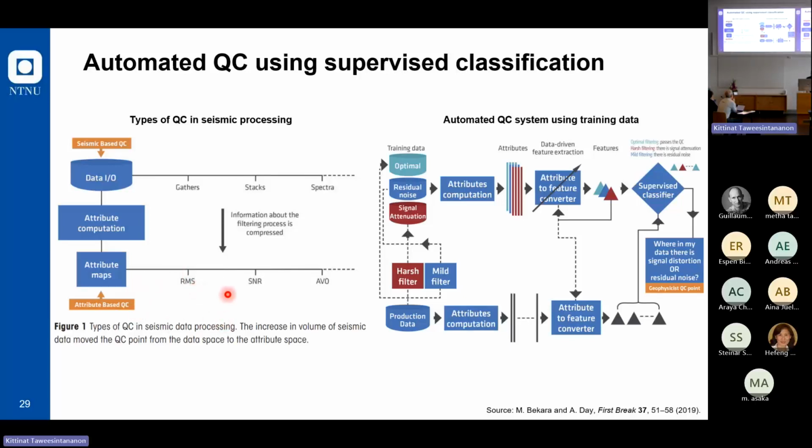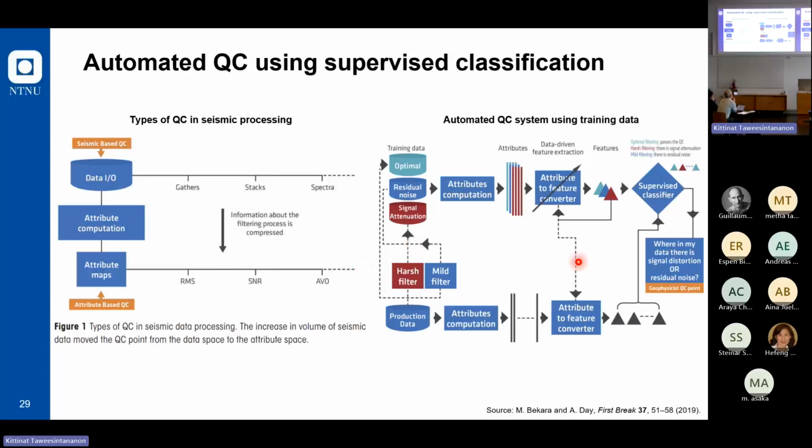We use that idea. The paper in 2019 used that idea, trying to generate an attribute and develop some machine learning system to detect and determine which parameter, for example, we should apply: a very harsh parameter for denoise, or a very mild parameter for denoise.